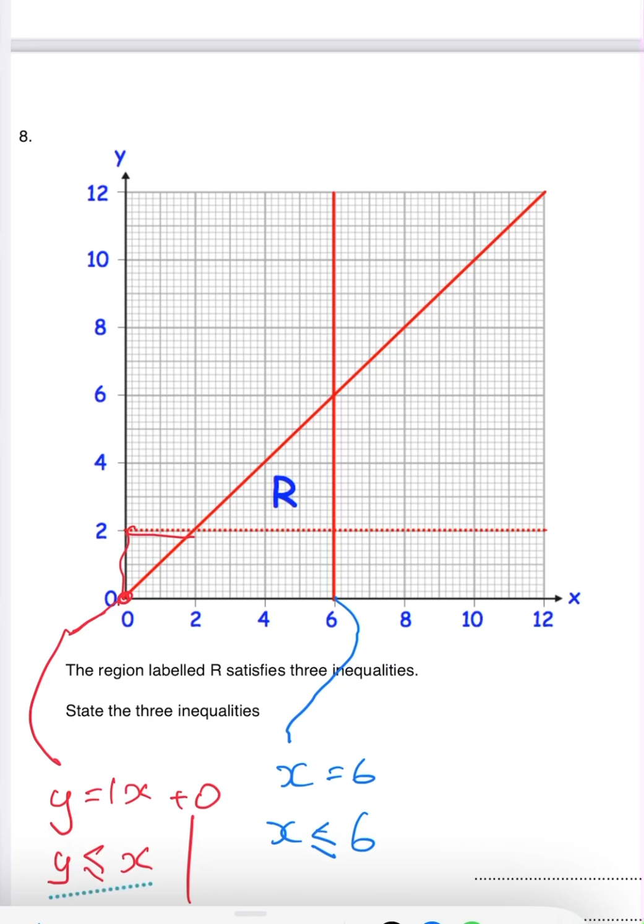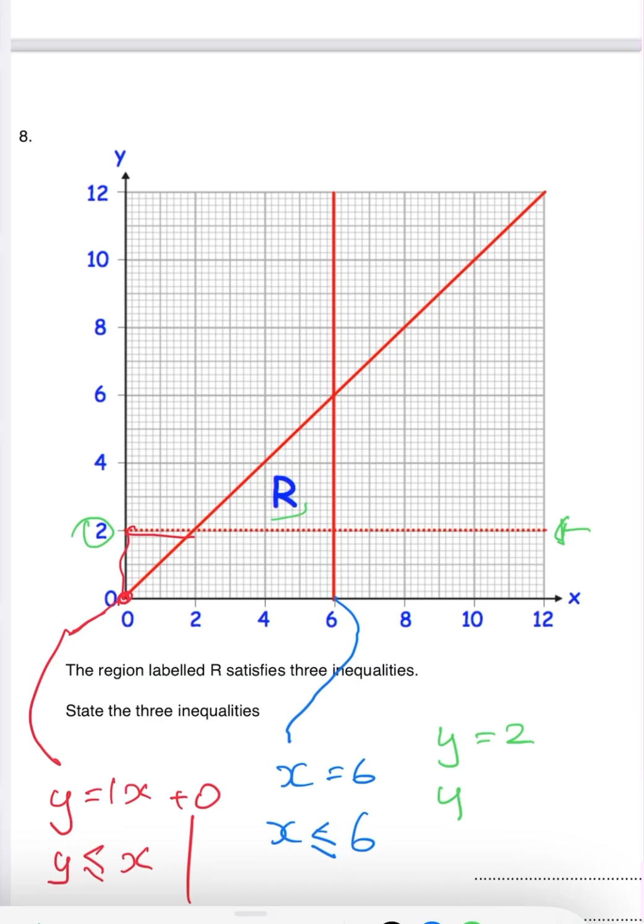And finally, in green, this dotted line here. Dotted line means that it's not going to be equal to. I hope you can already see that the region here is above it, so we're going to talk about greater than, and we're talking about a value on the y-axis, a horizontal line, so y equals 2 here.